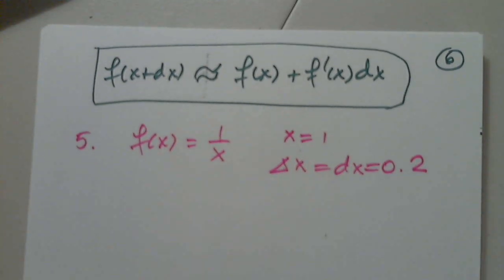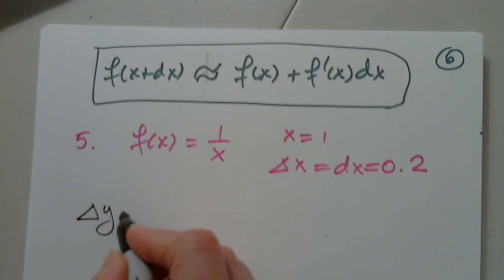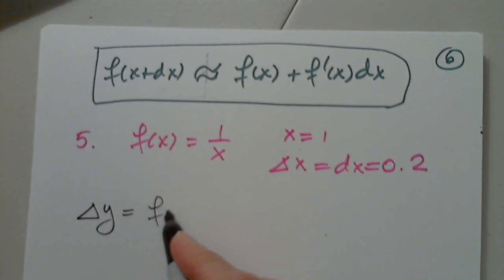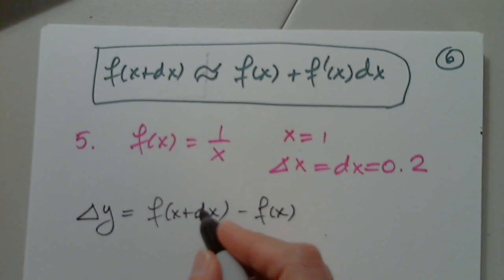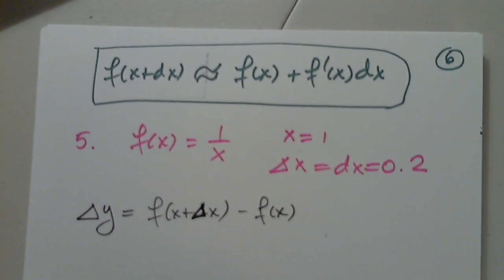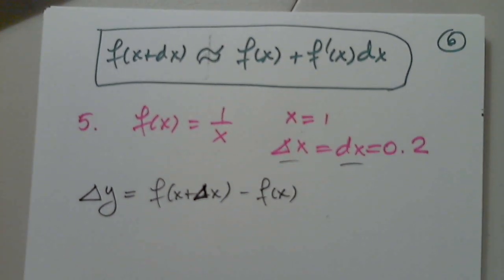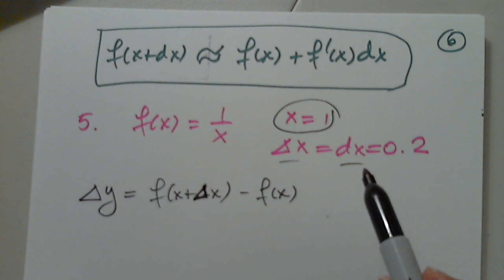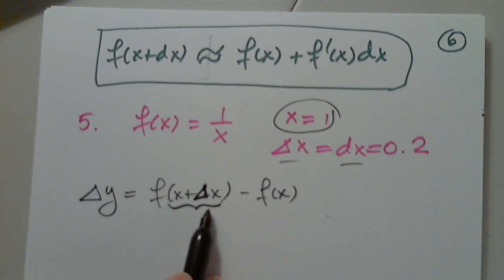Good. So first of all, they're asking us to find delta y. Well, delta y is f of x plus dx minus f of x. Since we use delta y, it doesn't matter, but I would like to be consistent and use delta x as well. It's the same thing. They are the same value. Okay, so this is our x, and this is delta x. What is x plus delta x?